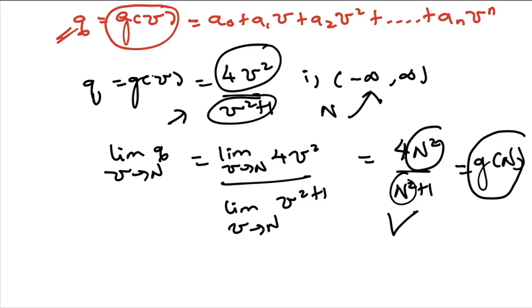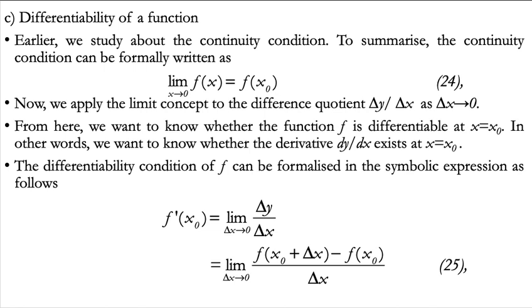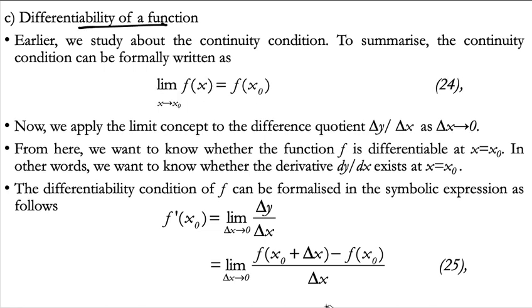Okay? Now, we are done with the concept of continuity. We need to look at the concept of differentiability of a function. Again, before I talk about differentiability of a function, let me recall the continuity condition.